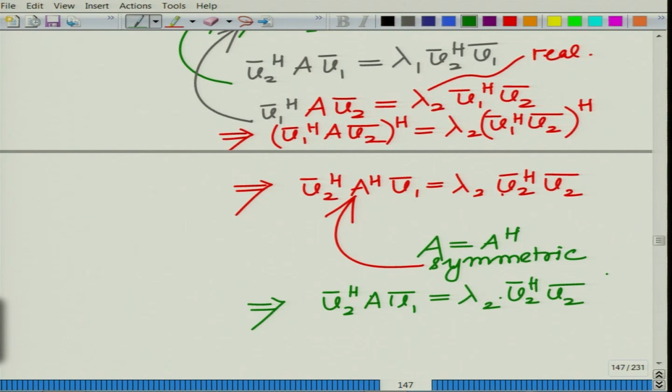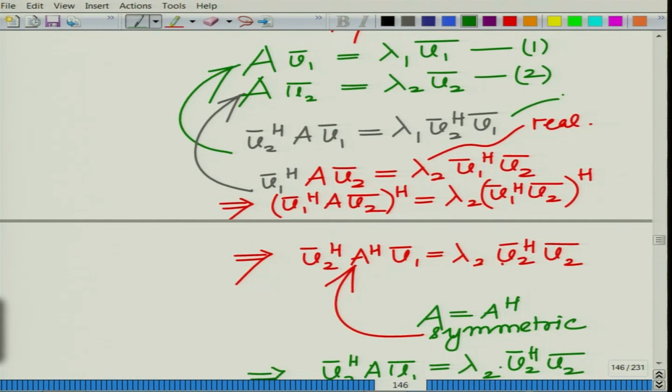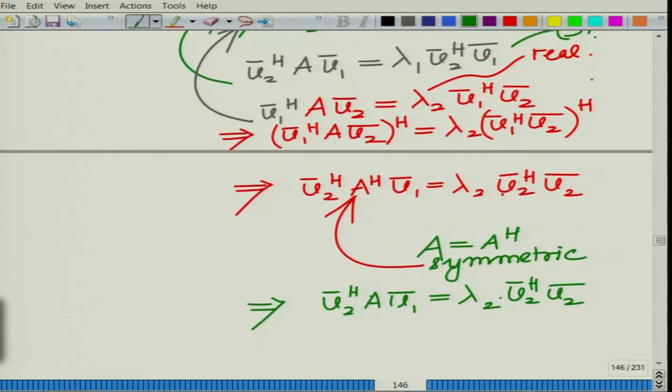Okay. And therefore, we have lambda 1 u2 bar Hermitian u1 bar, and therefore, if you look at these equations, let us call this equation 3 and this equation 4.